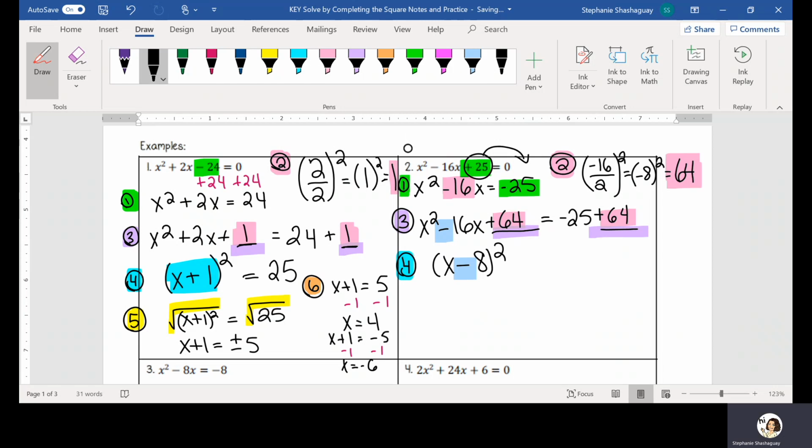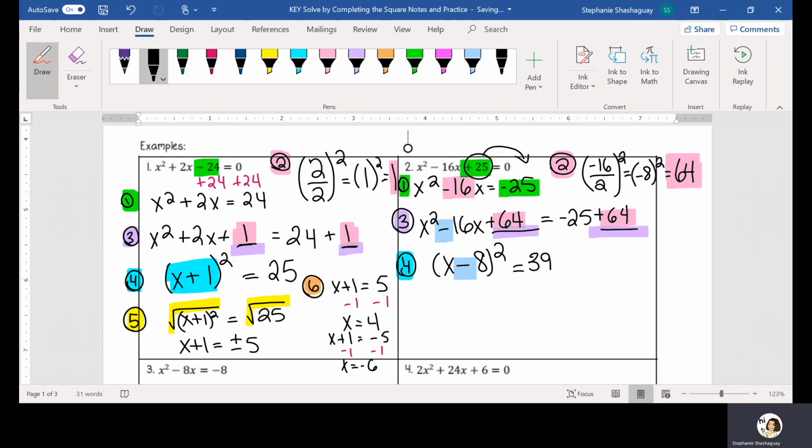Okay, so x minus 8 squared is going to be equal to negative 25 plus 64, which is equal to 39.